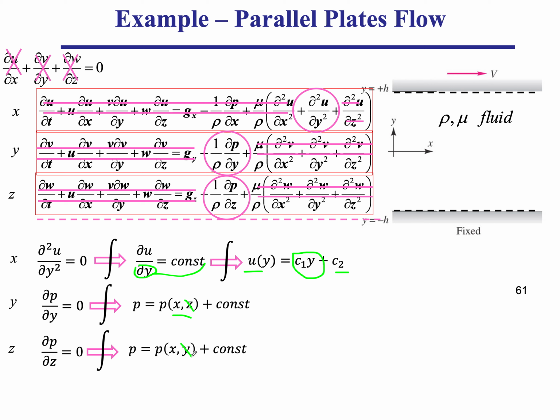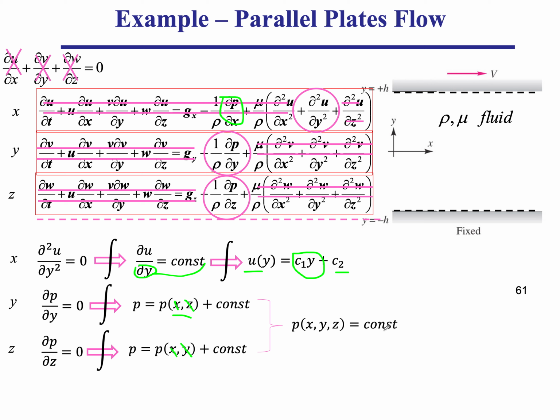And we already know from the previous slide that p is independent of x. So my p actually is just a constant. P of x, y, and z is a constant.